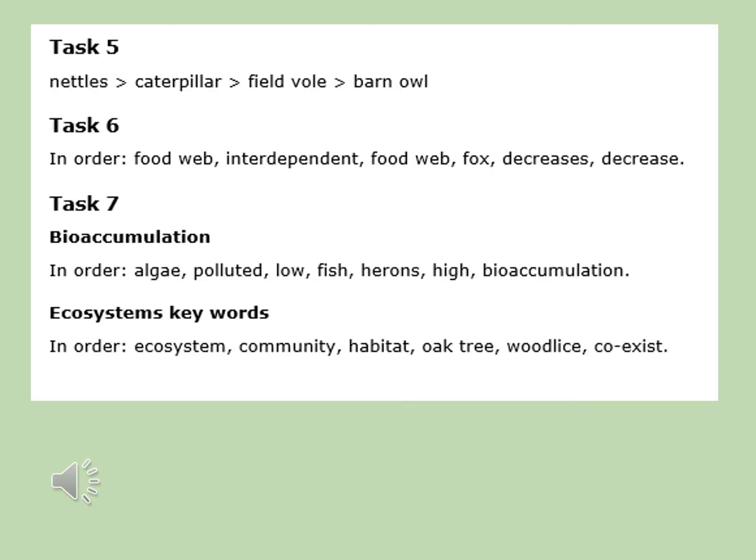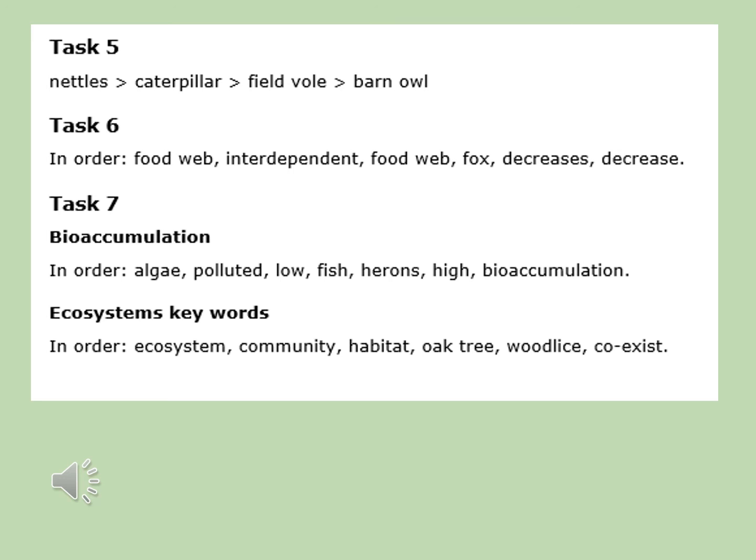So for task 5, your food chain should have looked like this. We should have started with the nettles, that is the producer, and they produce their own glucose and store that. They transfer their energy to the caterpillar, the primary consumer, a herbivore, who then transfers their energy to the field vole, the secondary consumer, and a carnivore, who then passes their energy to the barn owl.